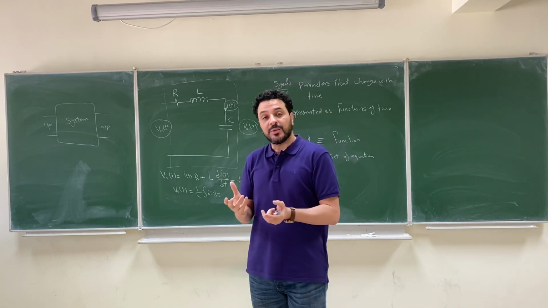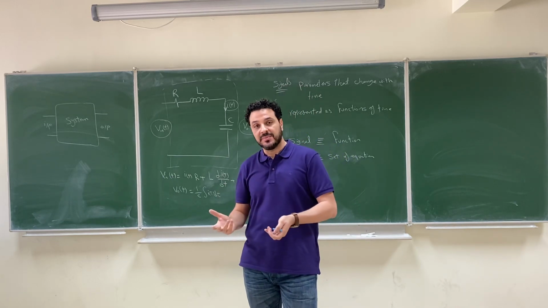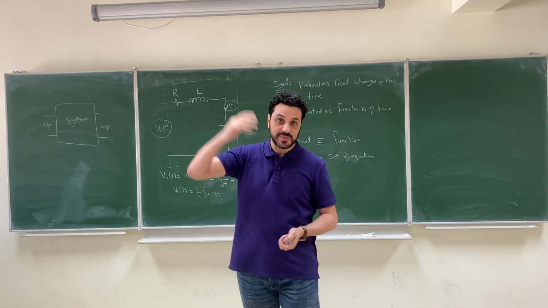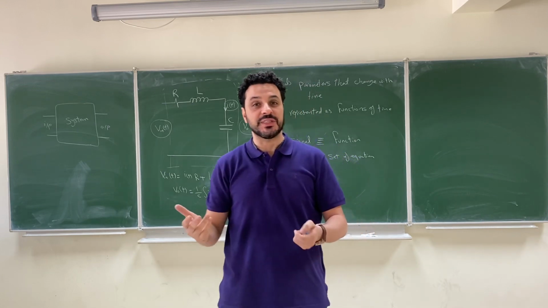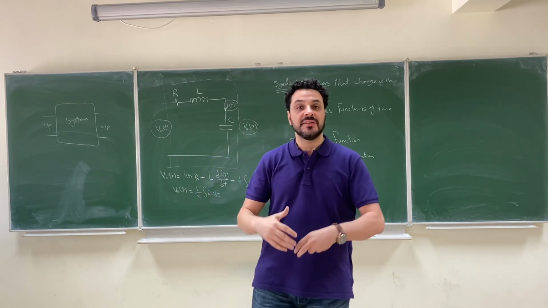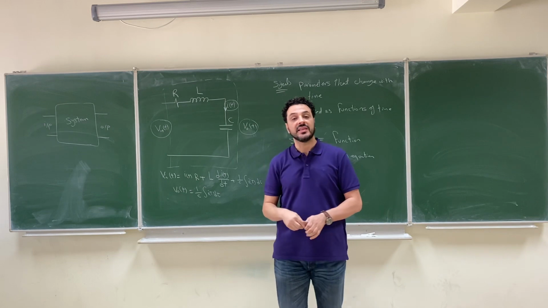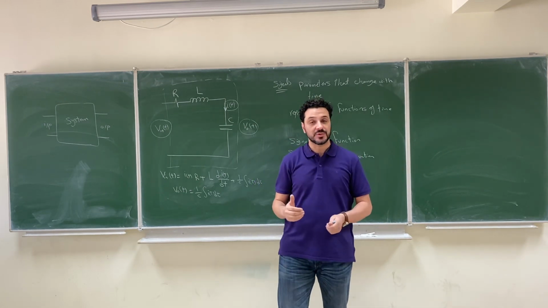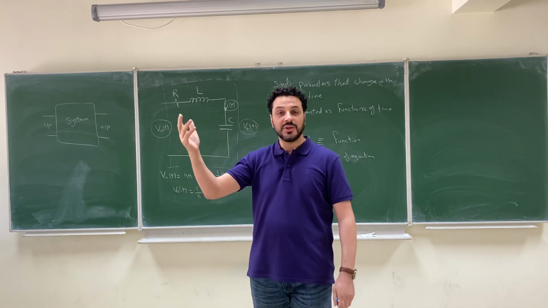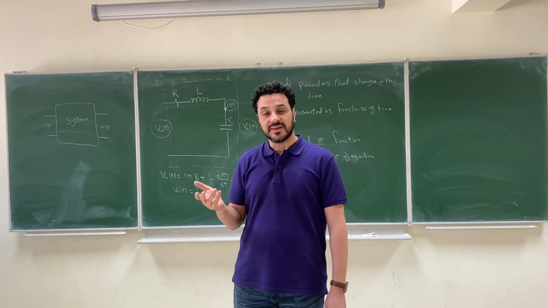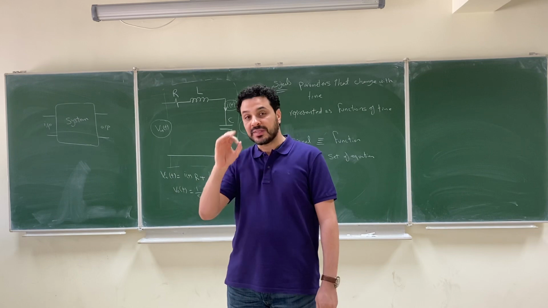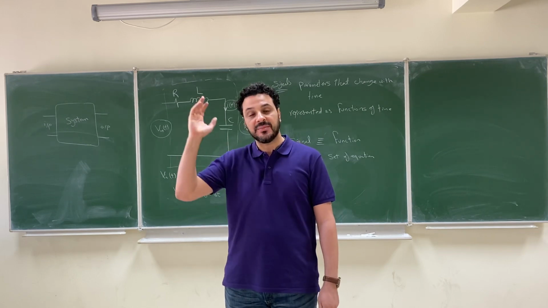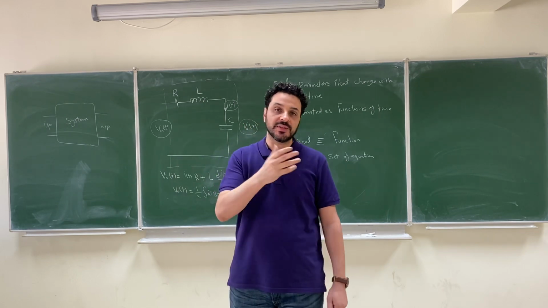And why do we do the modeling? Why would NASA, for example, before they send the shuttle to space, model the shuttle using very complex equations and study it before they send it? Because it's very expensive to send the shuttle without knowing what will happen to it. If you send the shuttle without calculating everything correctly, the shuttle may explode in space and you lose a lot of money.